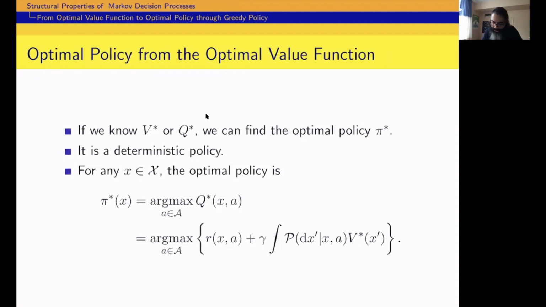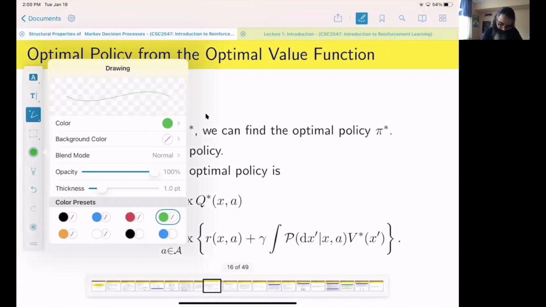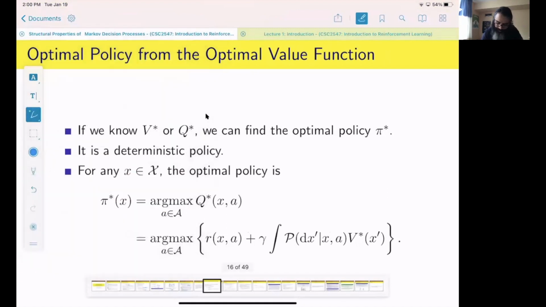So we had pi star of X was argmax over the action of R of X and A. So it was an immediate reward case.